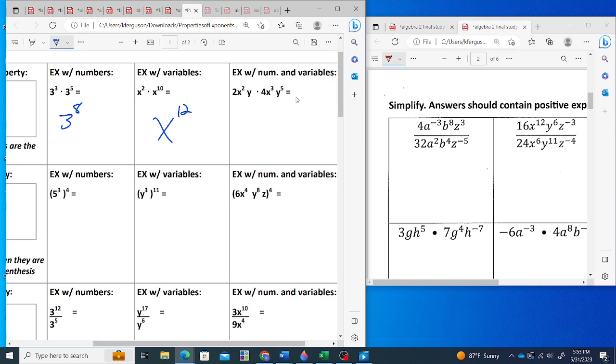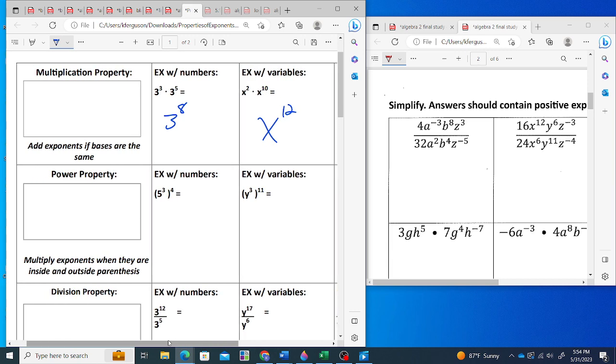So if I've got something like this, I've got the 2 and the 4, so I'm going to break that down piece by piece. 2 times 4 is 8. I've got x to the second power and x to the third power. My base is the same, it's x. I add the exponents, that's 5. So look at y. I've got y with no exponent, which means it's y to the first power, and then y to the fifth power. I'll multiply those, that's y to the sixth power. Boom, I'm done.